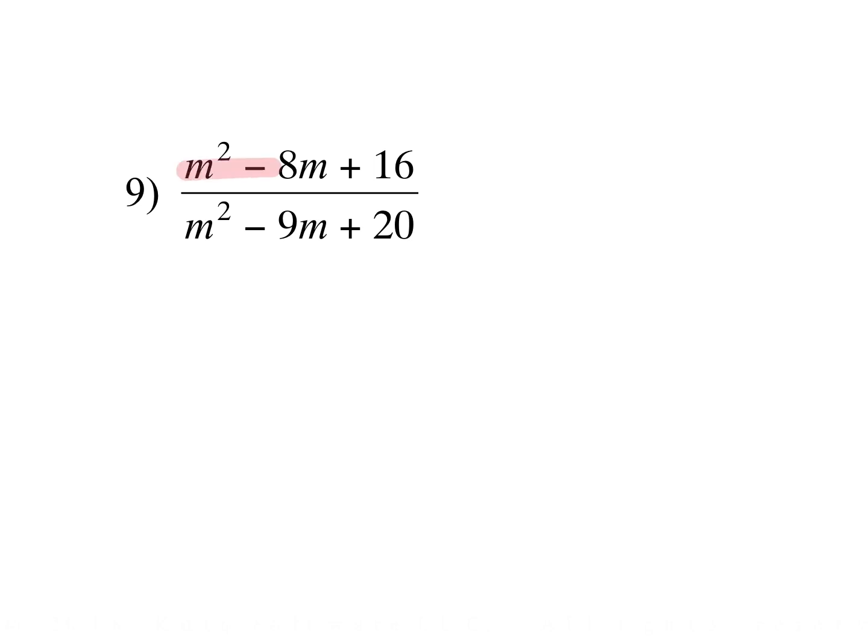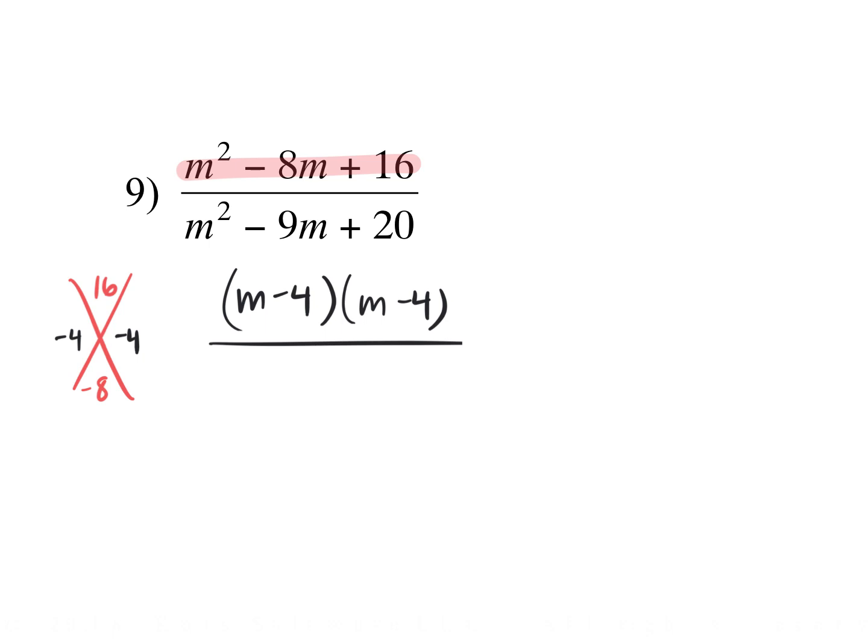Got 2 of them to factor again, so starting with the numerator here, we're looking to see what multiplies to give me 16 and adds to give me negative 8. That would be negative 4 and negative 4. So I'm going to have m minus 4 times m minus 4, all divided by, well, now we've got to factor the denominator.